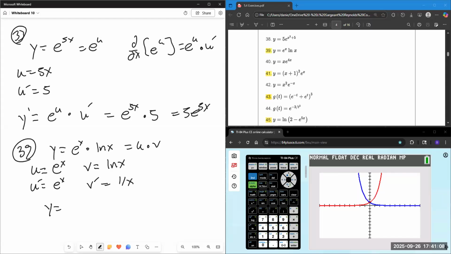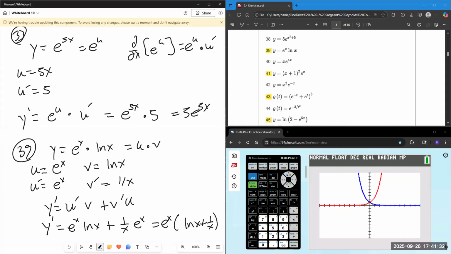And we know our product rule that y prime is u prime v plus v prime u. So y prime is e to the x, ln of x plus 1 over x times e to the x. I have a common factor of e to the x that they like to take out in exponential functions, like so. So we'll go ahead and do that.